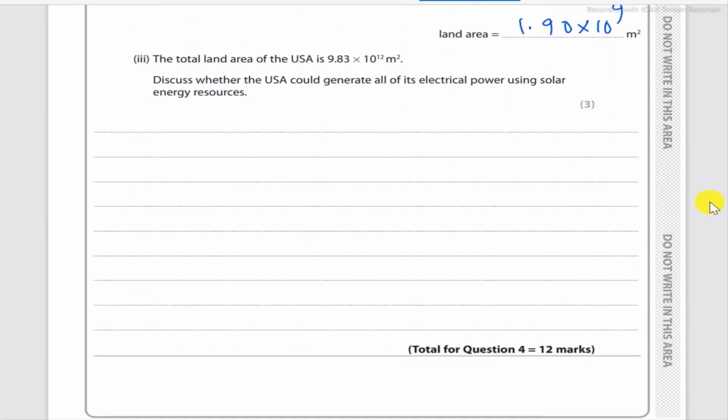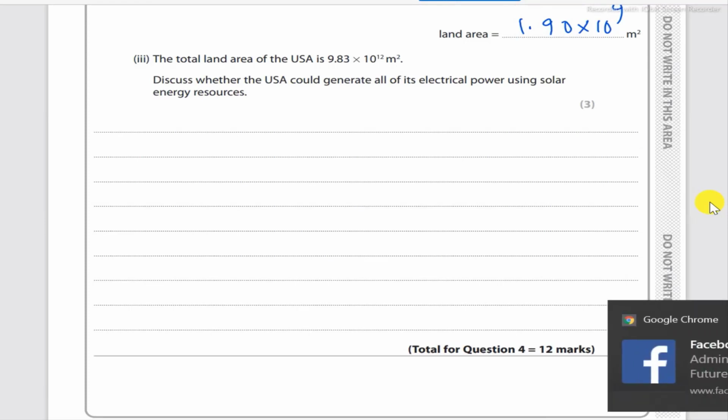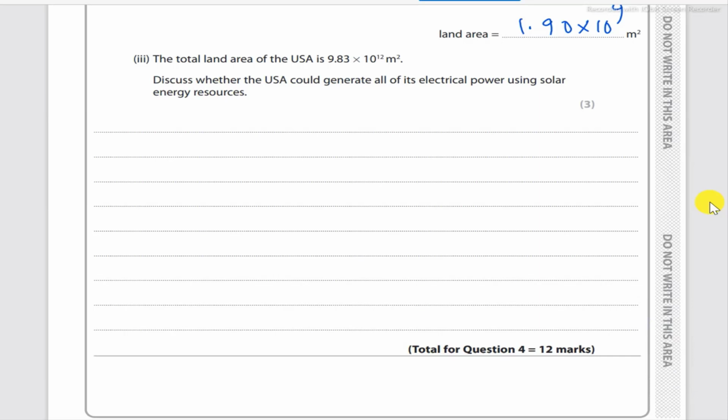The total land area of USA is 9.83 times 10 to the power 12 meter square. Discuss whether the USA could generate all of its electrical power using solar energy resources.